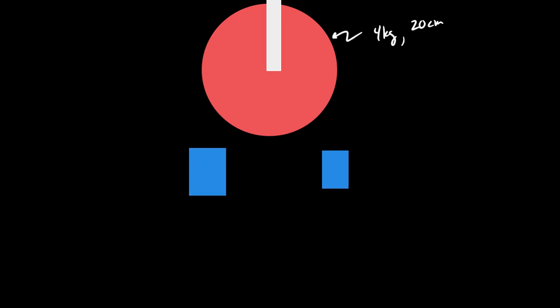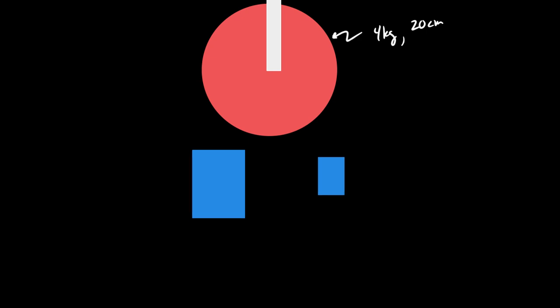I'm not going to change very much here. Same pulley. So 4 kilograms, 20 centimeters. And I'm going to take the box that we had a moment ago and the other box that was on the table. So 2 kilograms and 6 kilograms.